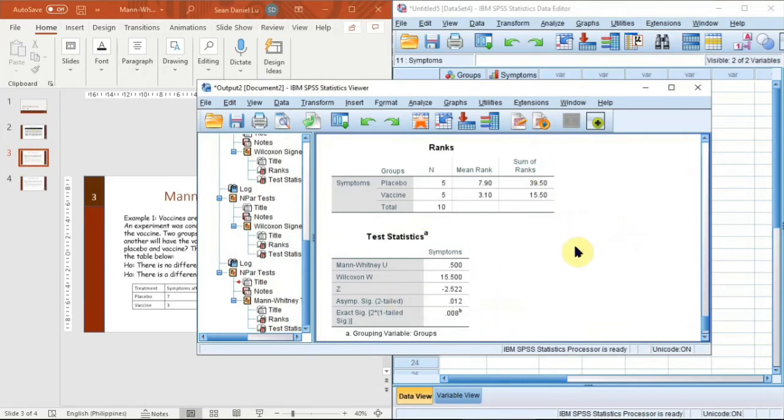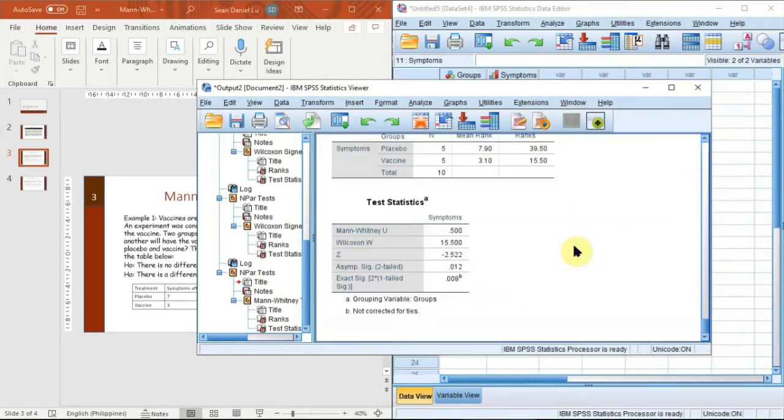Now if you would be solving the Mann Whitney U test manually using pen and paper, you might need this. Right now we will be focusing on SPSS. The test statistics that you would want to be looking at is the exact significance, which would be 0.008.